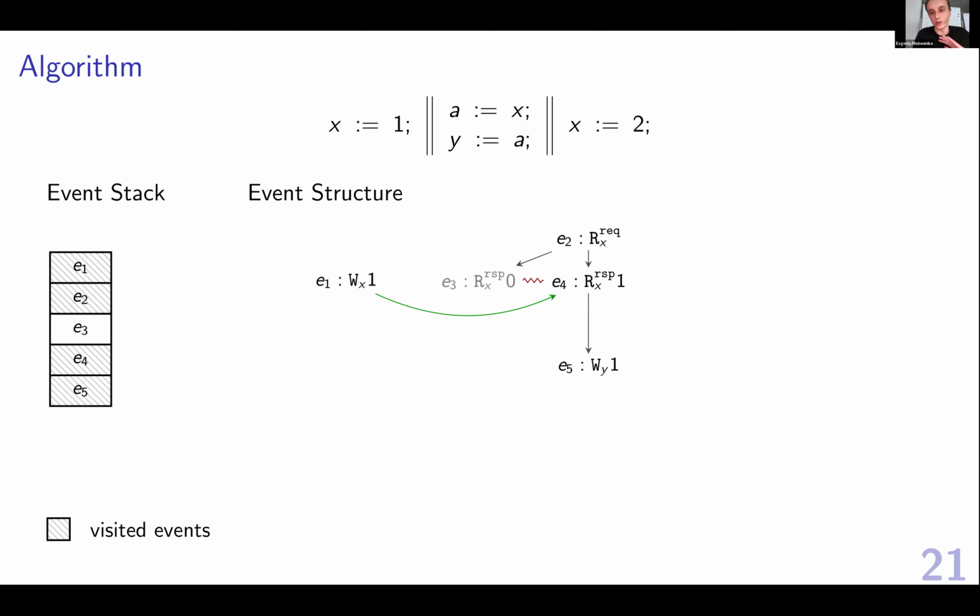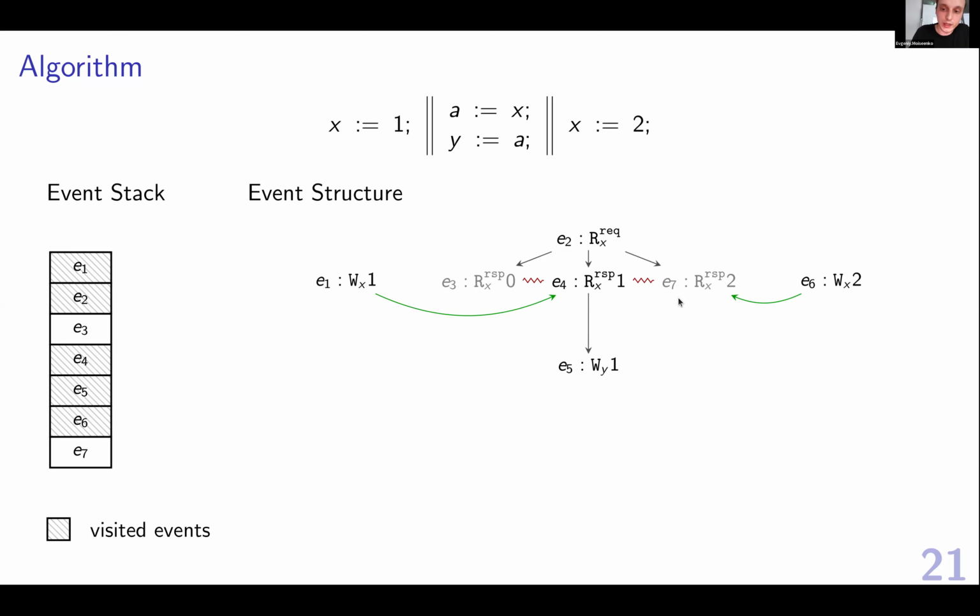We continue the execution. A write event has no options, so we just add it. And when we add another write event here, we again add it to our current execution and to the stack. But an interesting point here is that now that we have added it to the graph, we also need to consider an option where this read event that was already in the graph can now read from this new write event.